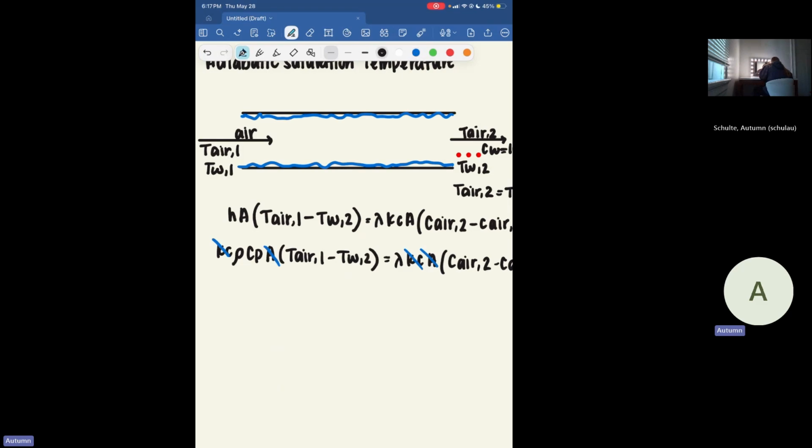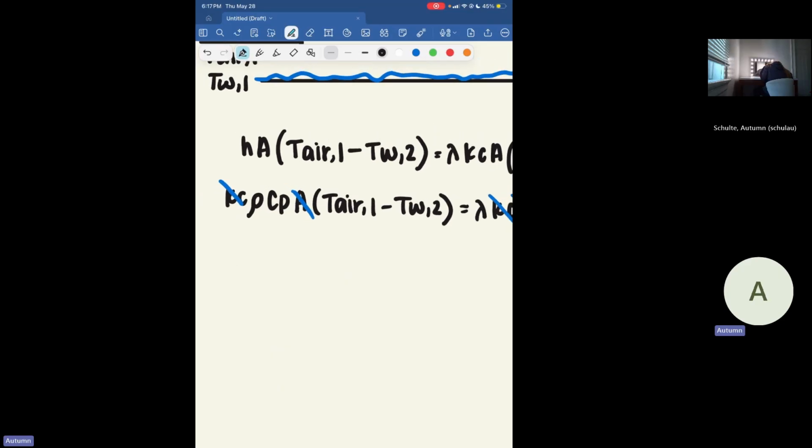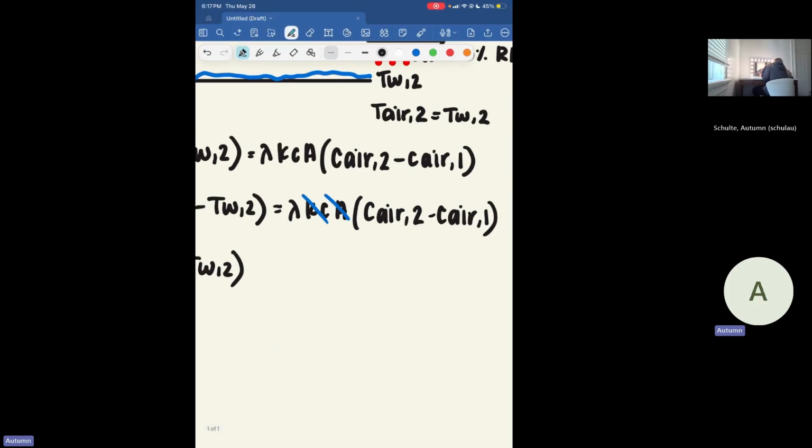So our equation for adiabatic saturation temperature, this scenario, is going to be our density times our heat capacity multiplied by the temperature of the air going in minus the temperature of the water leaving, which we said is the same thing as the temperature of the air that is leaving.